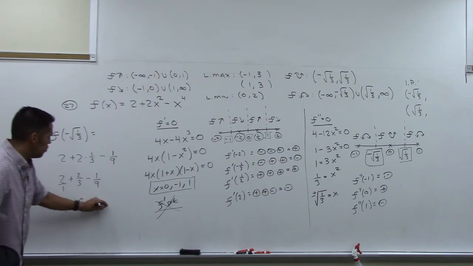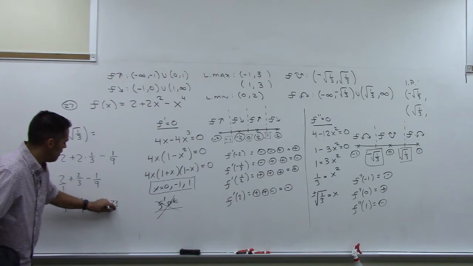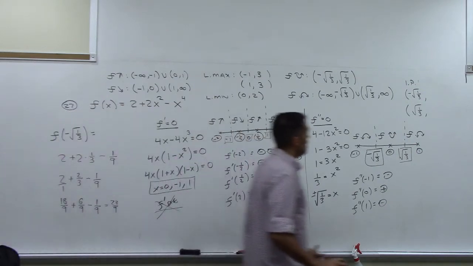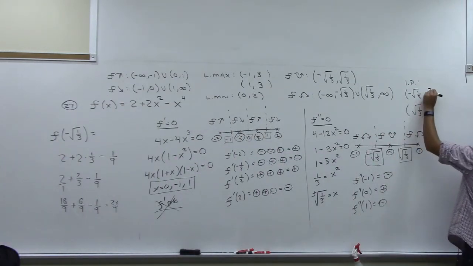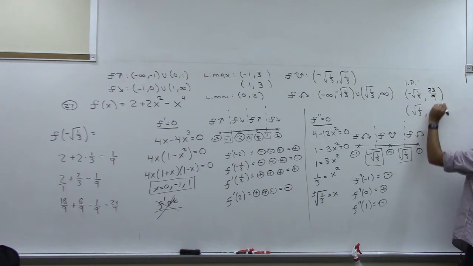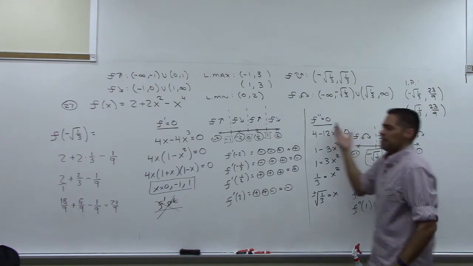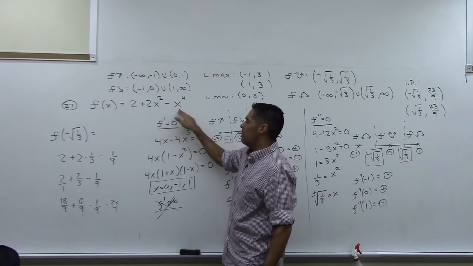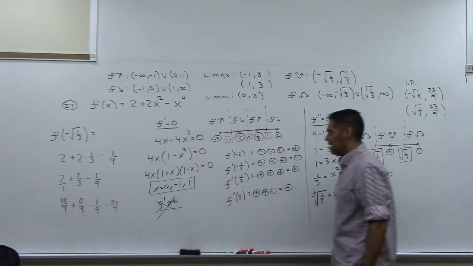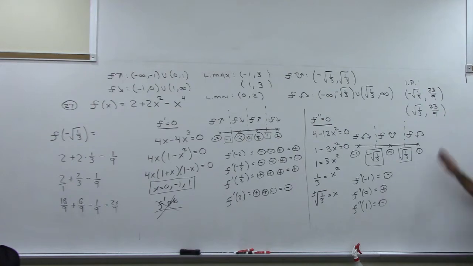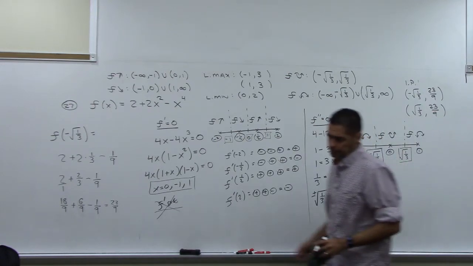Take away 1, we get 23/9. So 23/9 is what we get here. And notice also, if we were to plug in the positive root, the same thing would happen because we're squaring and raising to the 4th. So we get the same exact effect. And so these are our inflection points.